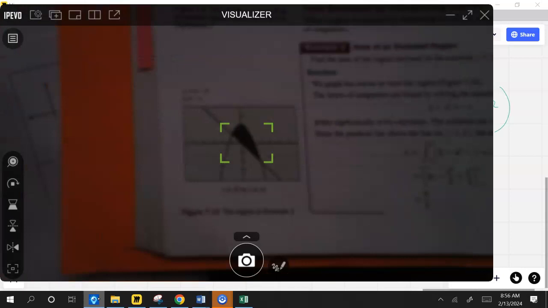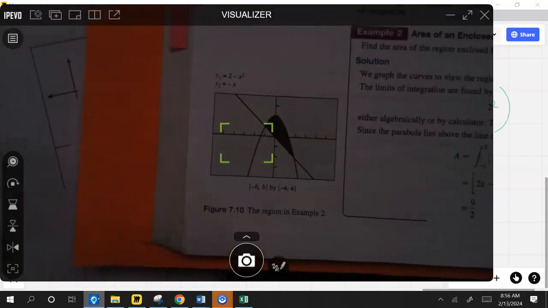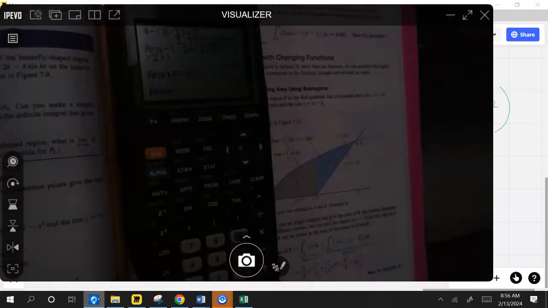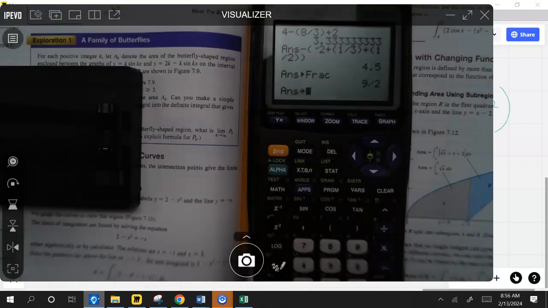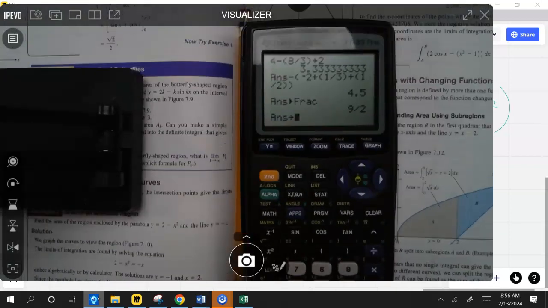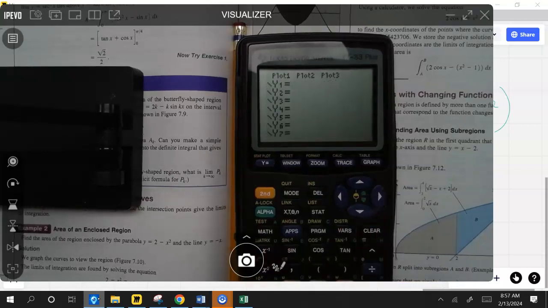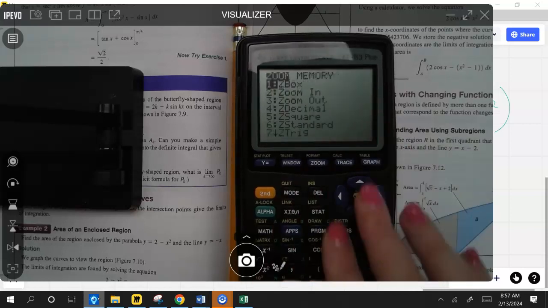This, by the way, is what that would look like on the graph. I'm fixing to show you how to do it though. So let's do start. I'll graph both of them, 2 minus x squared and negative x on the same graph.